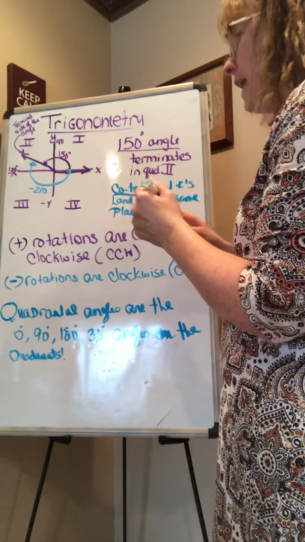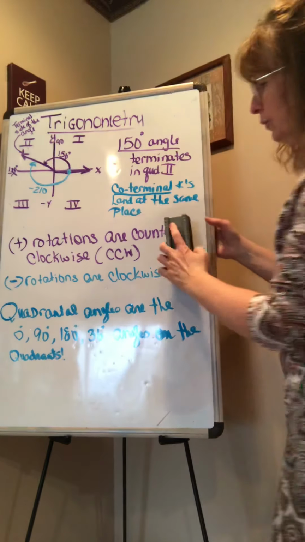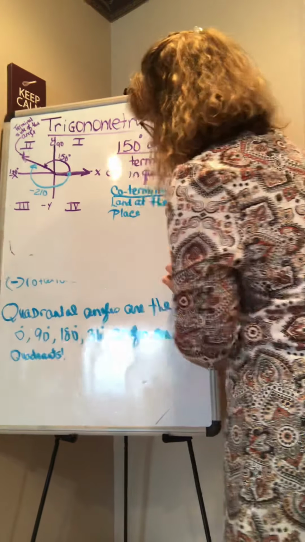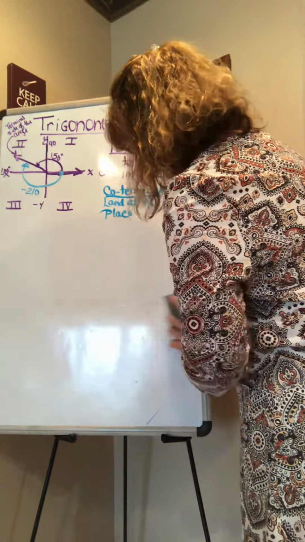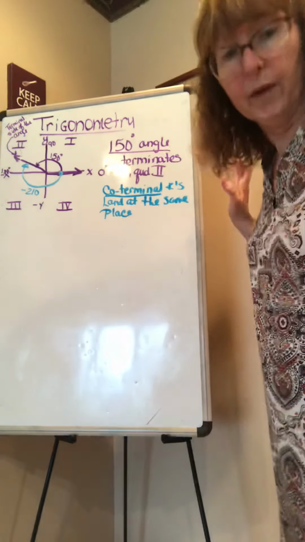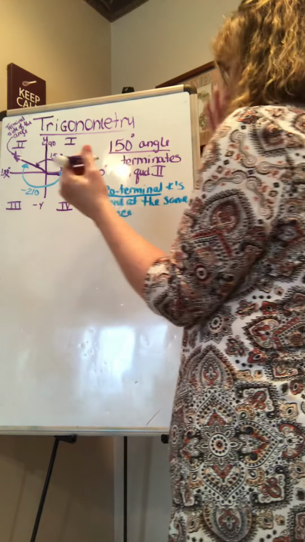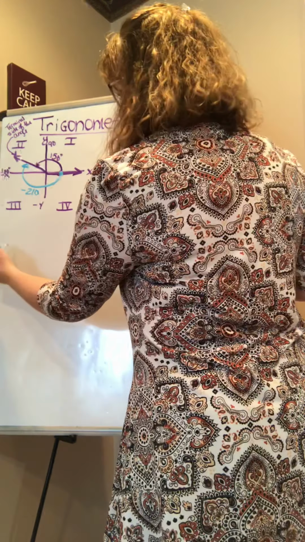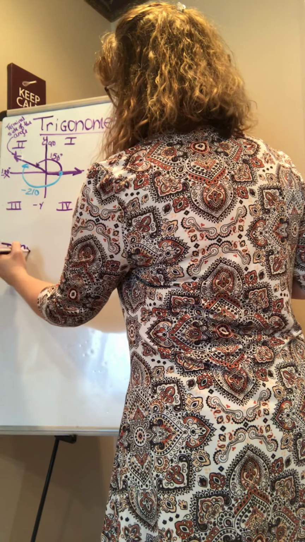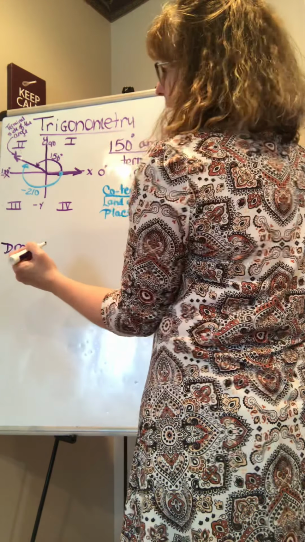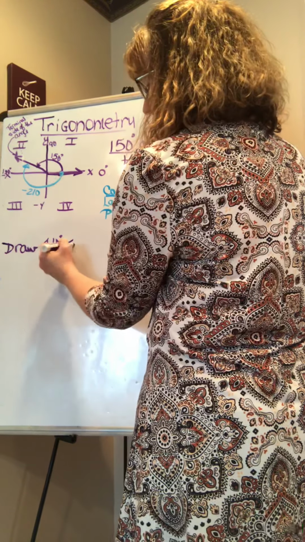Now, another way we can talk about coterminal angles is when we go more than one full rotation. Let's say I wanted you to draw a 410-degree angle.